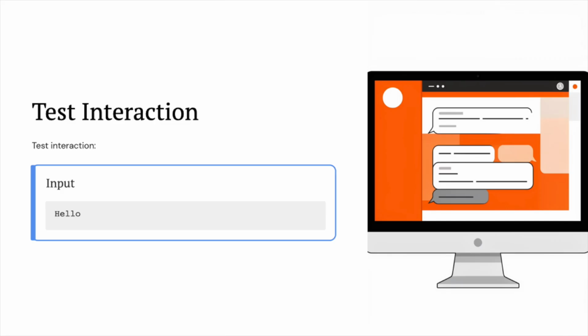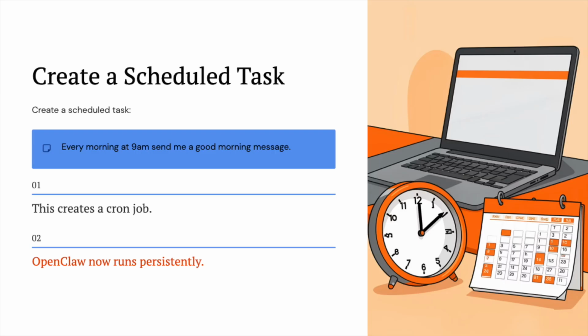So far we have checked OpenClaw with some setup. And how do you create a scheduled task? Let's get into creating a scheduled task. Let's say every morning at 9 a.m. send me a good morning message as an example, or send me a coffee time alert at 9:15, 9:30 a.m. This creates a cron job in the backend with the help of OpenClaw, its configuration and LLM support.